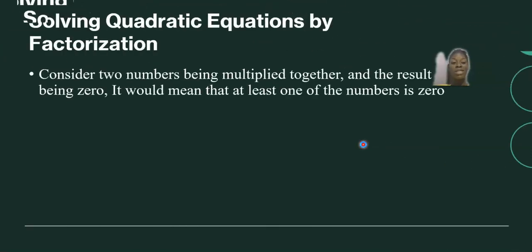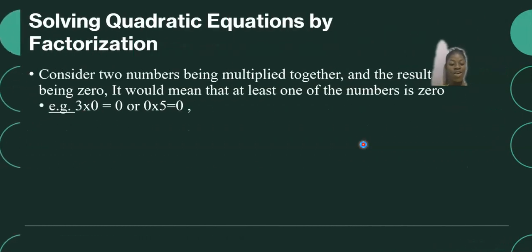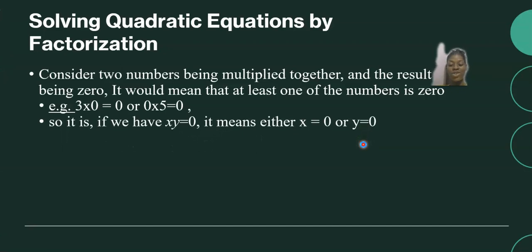Consider two numbers being multiplied together. If the result is 0, it would mean that at least one of the numbers is 0, right? Why? Because any number multiplied by 0 is 0, correct? So I can say then 3 multiplied by 0 is 0, 5 multiplied by 0 is 0.